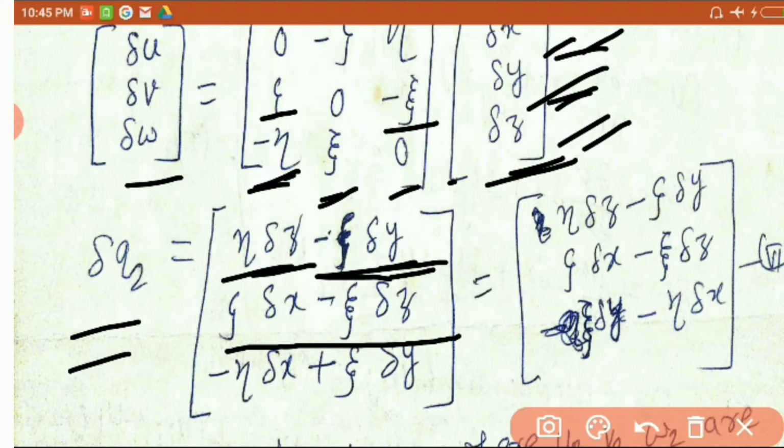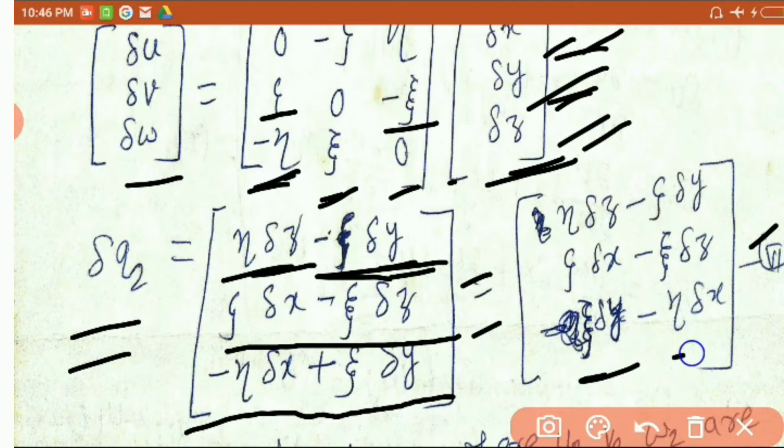So we get xi delta y minus eta delta x. This can be written as eta delta z minus zeta delta y, zeta delta x minus xi delta z, and xi delta y minus eta delta x. Suppose this is equation 6.